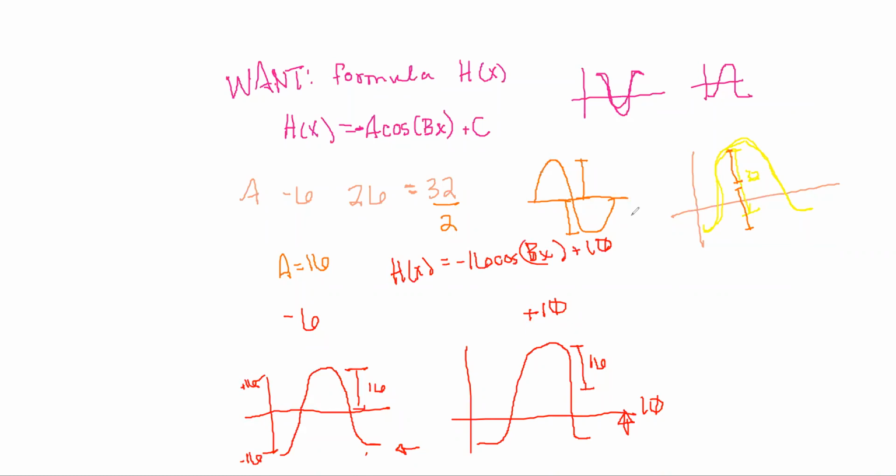All right, b. Period is the amount of time it takes for a wave to do one cycle. For a sine wave, this would be one cycle. For a cosine wave, this is one cycle. So what is the time from the beginning of the cycle to the end of the cycle?